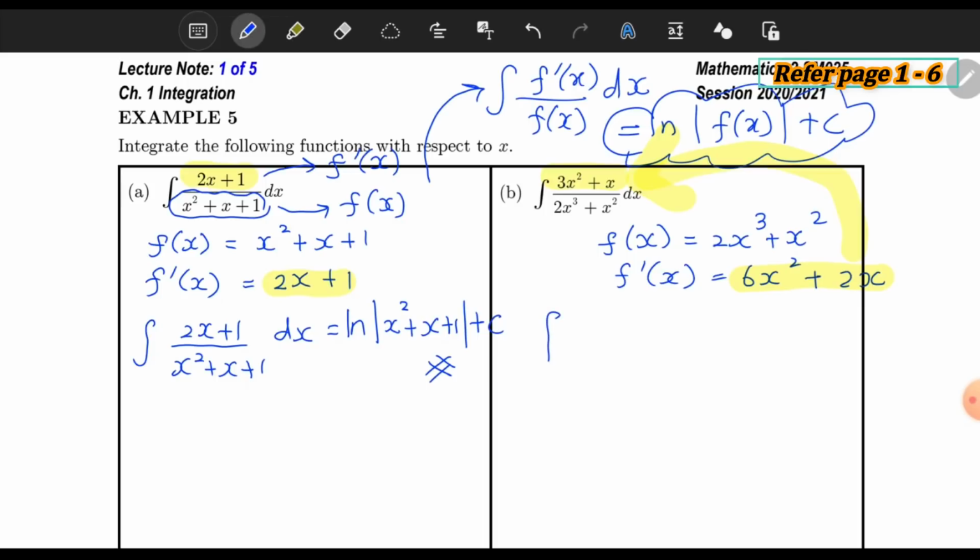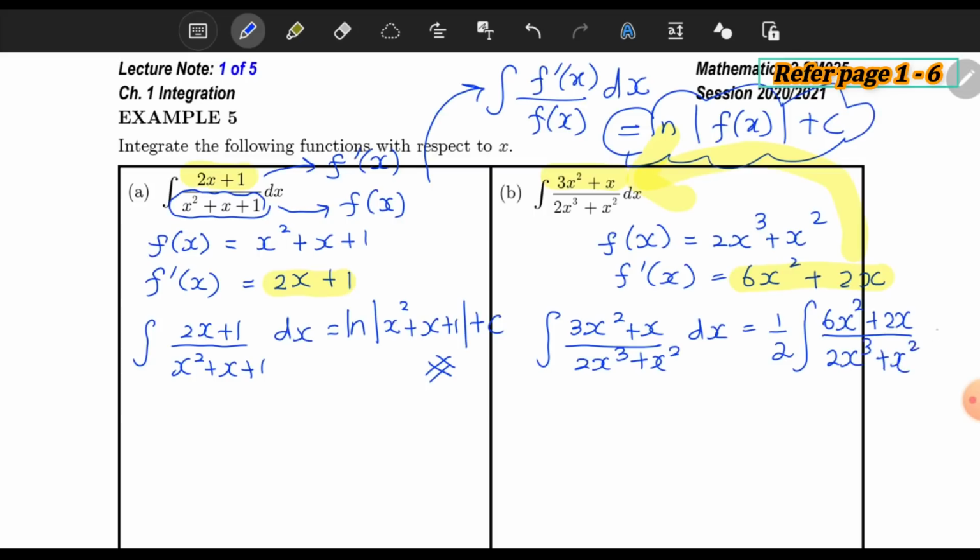So we can write integrate 3x squared plus x over 2x cubed plus x squared dx equals half, because the numerator is half of the derivative, half integrate 6x squared plus 2x over 2x cubed plus x squared dx. If you simplify this part, you will get the same as the question.